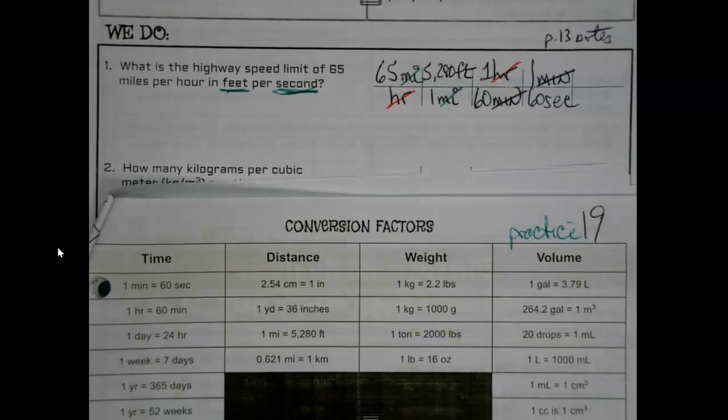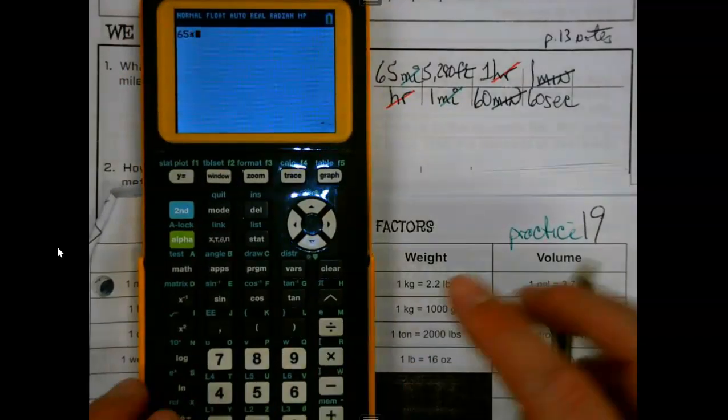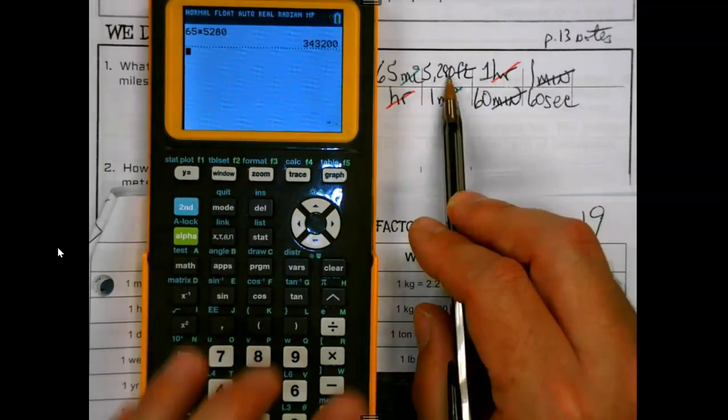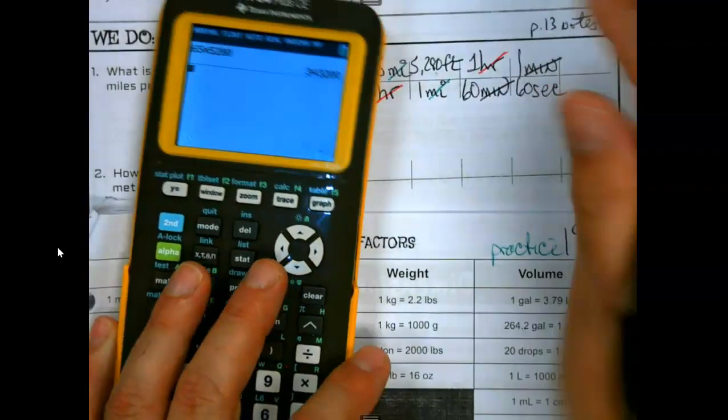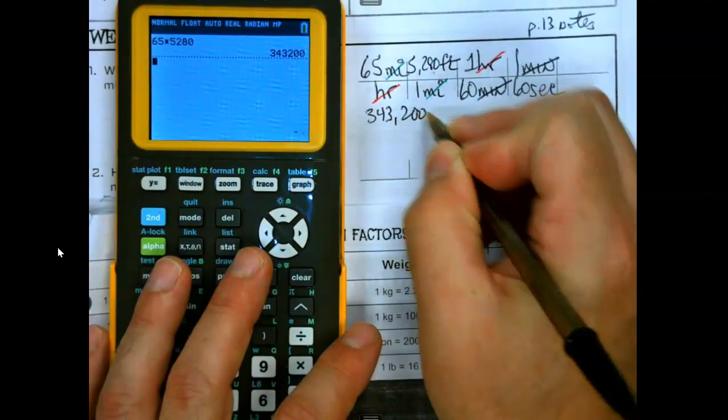So let's see here. Across the top, we got 65, we got 5,280. Holy moly. 343,200 feet.